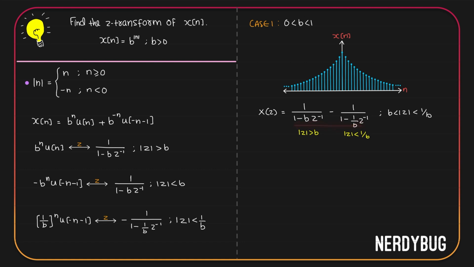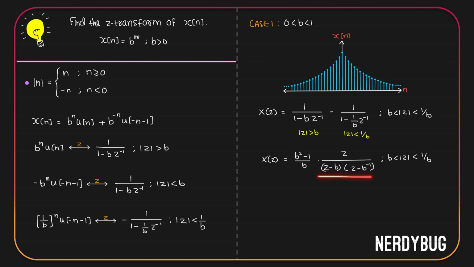If you add these two terms, you will get x of z is equal to b square minus 1 divided by b multiplied by z divided by z minus b multiplied by z minus 1 by b, or b inverse. ROC is b less than magnitude of z less than 1 by b.